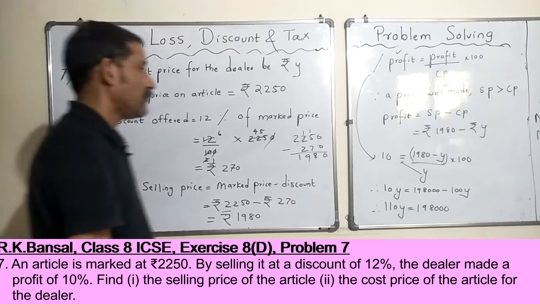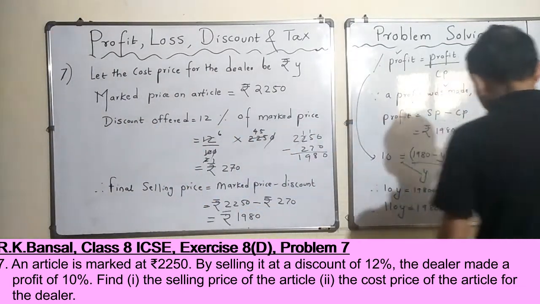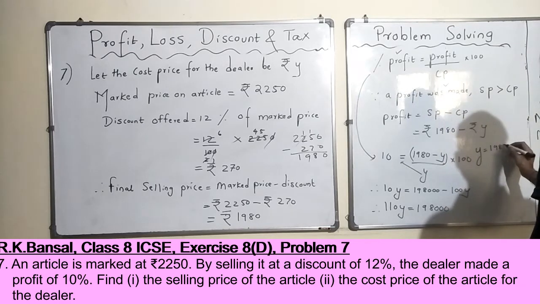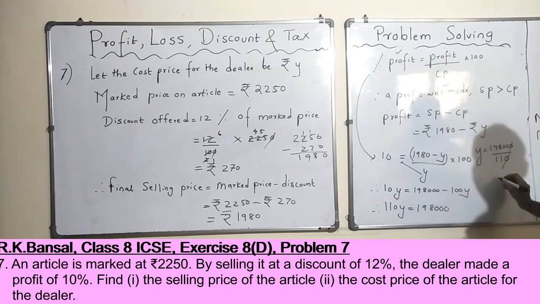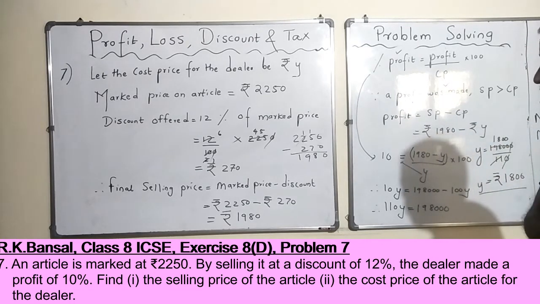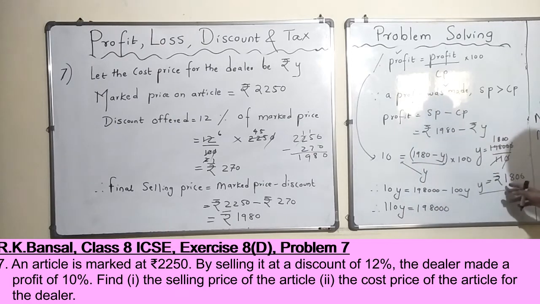So what is the value of y? y is 198000 by 110. So the final answer is what? 11 ones are 11, 8 is 88, 1800. Okay, so y is 1800.